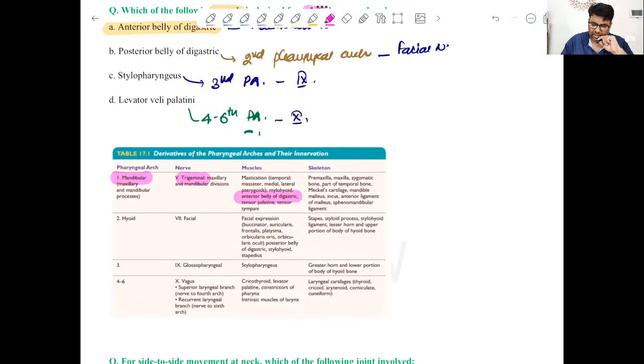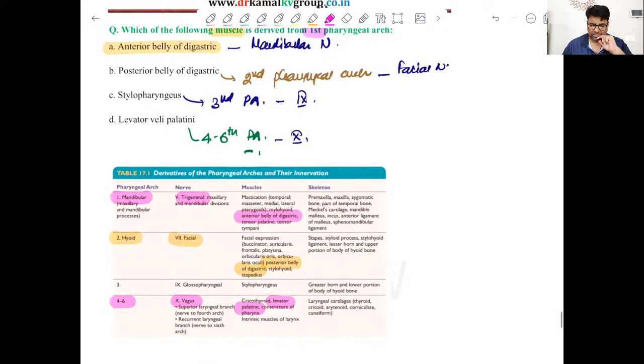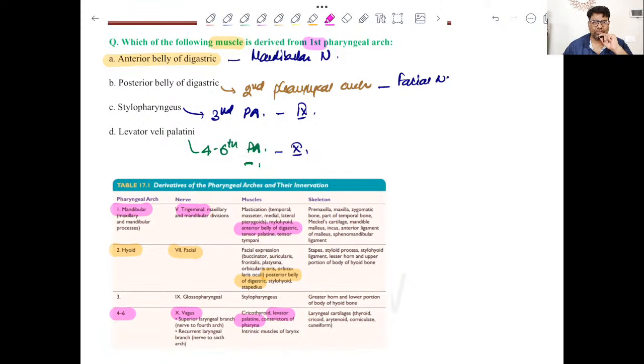Then the posterior belly of digastric, this is second, supplied by facial, and then the levator veli palatini is 4 to 6, supplied by vagus, right? So just in short, please be perfect with this part, because in one or other way it is always being asked, right? So instead of mandibular, we can write fifth cranial nerve, right? So this is all cranial nerves, okay?